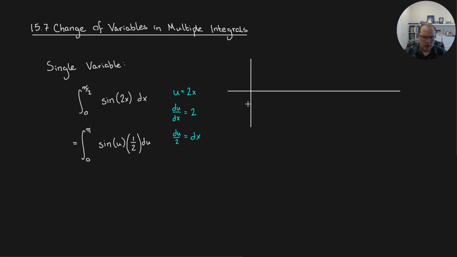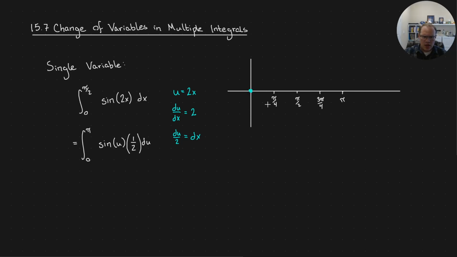So I'm going to graph sine of 2x, and I'll just focus on the interval from 0 to pi over 2, although I'll graph it all the way to pi. But we're integrating from 0 to pi over 2, right?